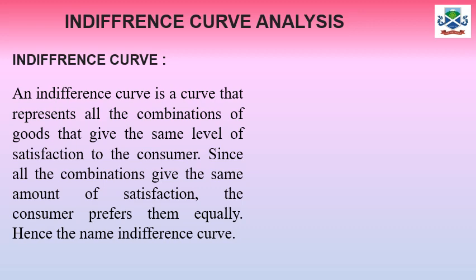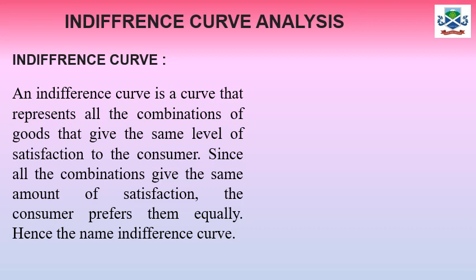Under indifference curve analysis, the main difference, which we'll be discussing a little later, is between the cardinal approach and the ordinal approach. The cardinal approach says utility can be measured in terms of numbers, whereas the indifference curve opposes this statement: satisfaction cannot be measured in terms of numbers.